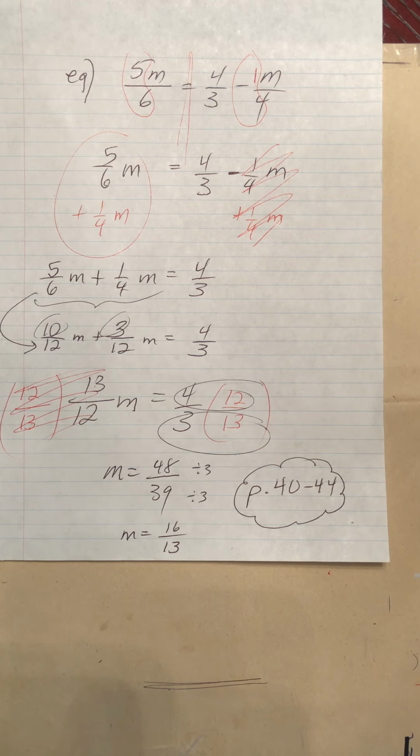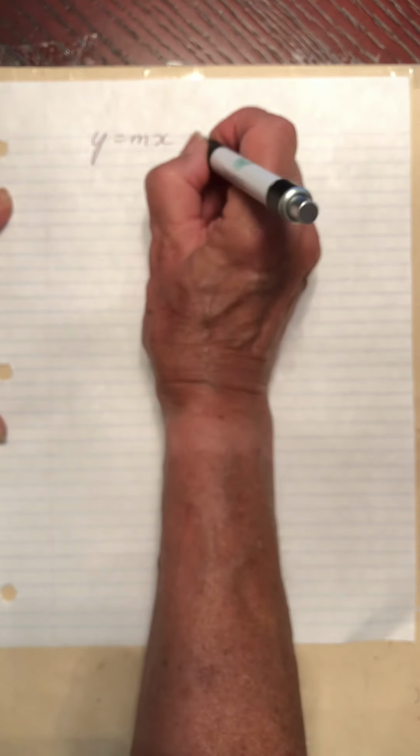We finished our year with linear functions and graphing. And something that we saw in graphing was this very handy form called slope y-intercept form, or y equals mx plus b.